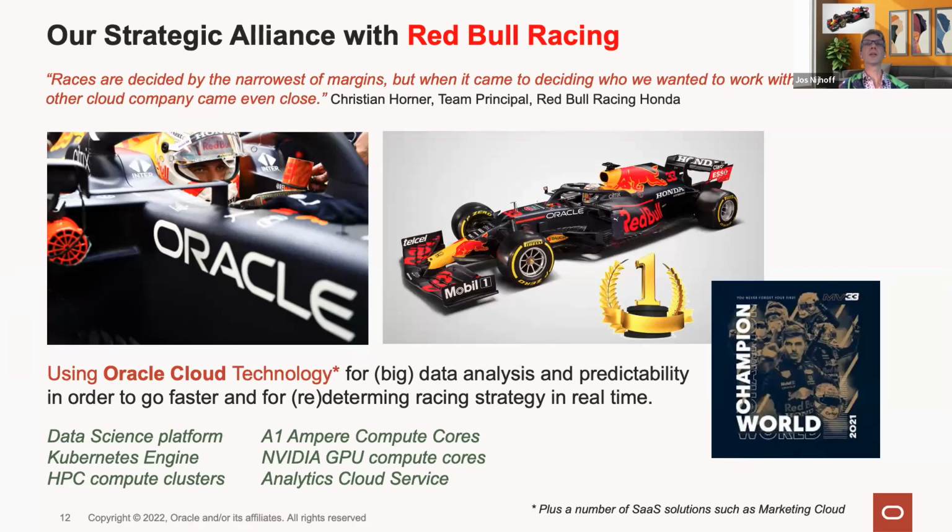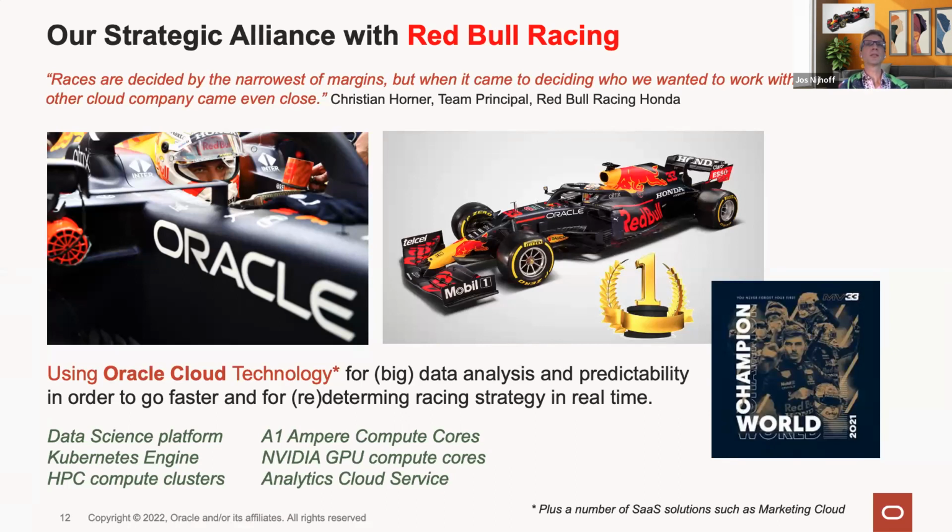And lo and behold, Oracle has never been much of a sponsor of sports, and never been so visible in the public view. But Oracle has, since last year, January, sponsored Red Bull Racing, and we all know what happened to Max Verstappen. He actually pulled it off and made it, after a very thrilling season, to be a world champion.